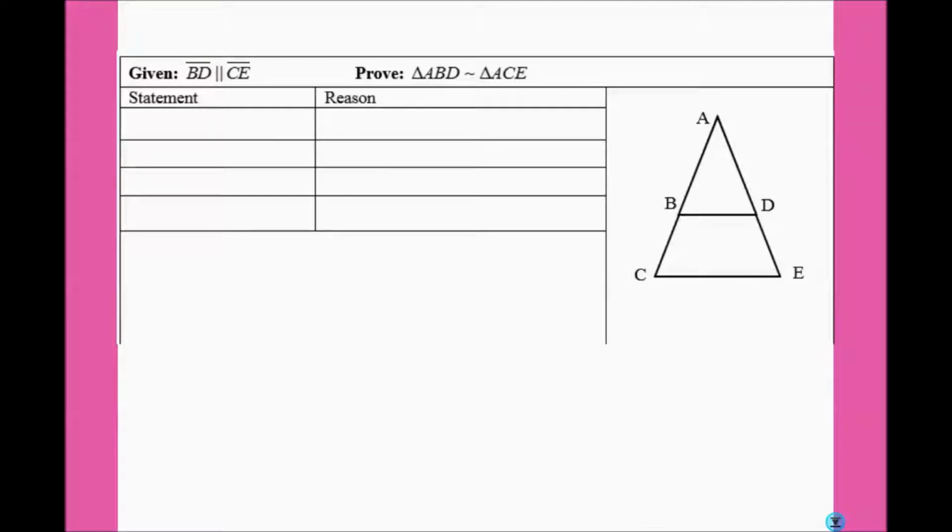And our final proof. Given BD is parallel to CE, prove that triangle ABD is similar to triangle ACE. So start with our given statement. So BD is parallel to CE.